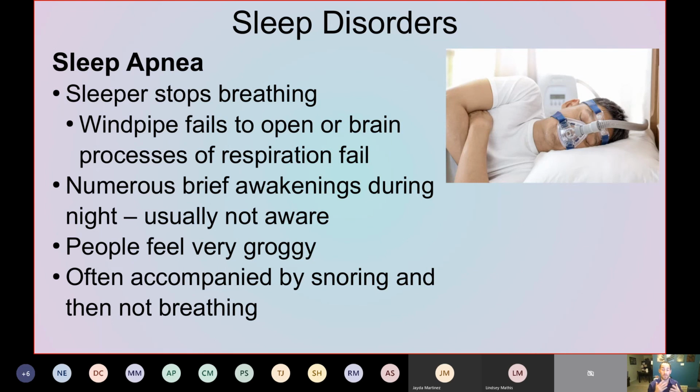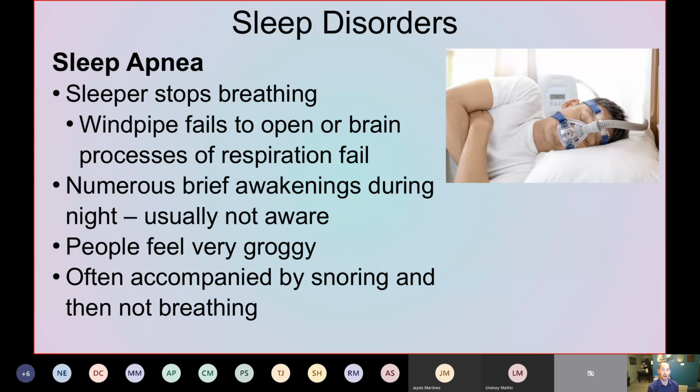People who have sleep apnea feel very groggy because they're waking up so much. It's hard to get into N3 sleep. They might get to N1, N2, but never get to N3. They might never get to that deep sleep. It's often accompanied by snoring and then not breathing. Yes, people can die from sleep apnea, so it is definitely something to get treated.